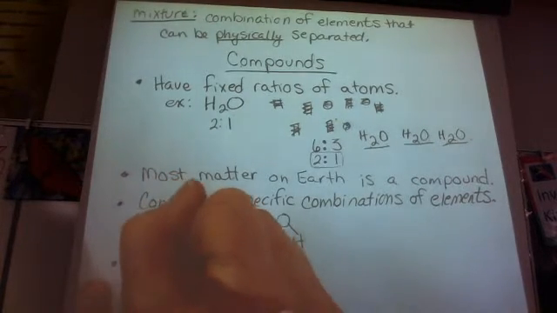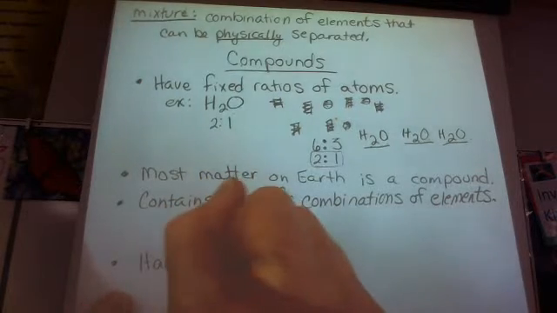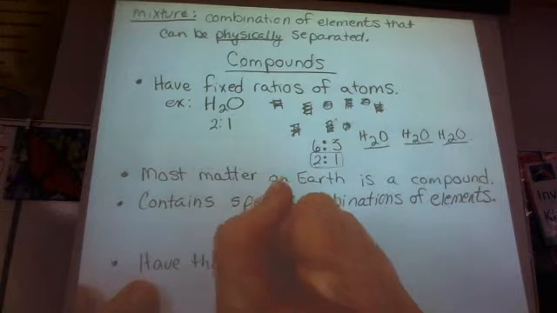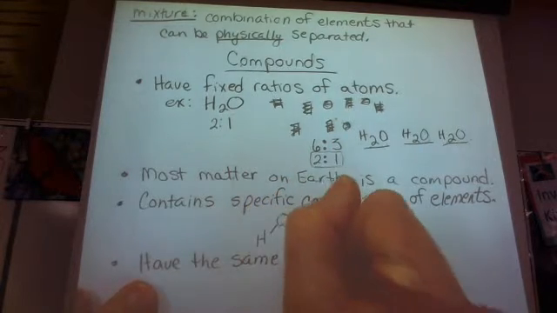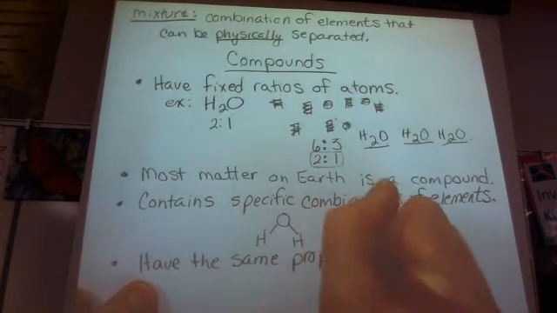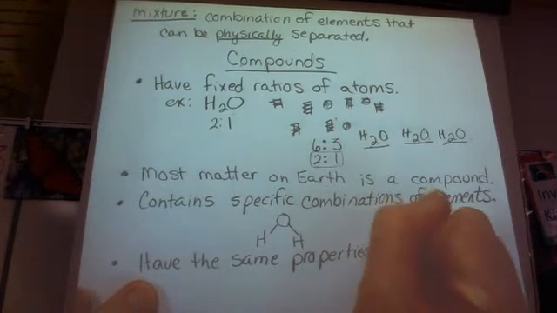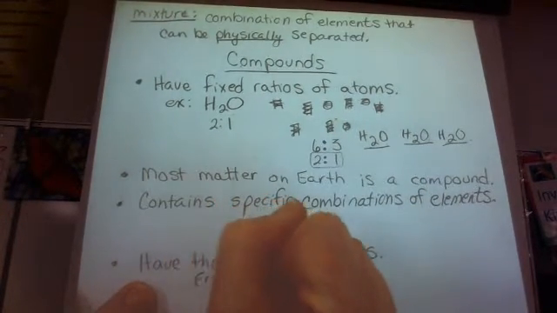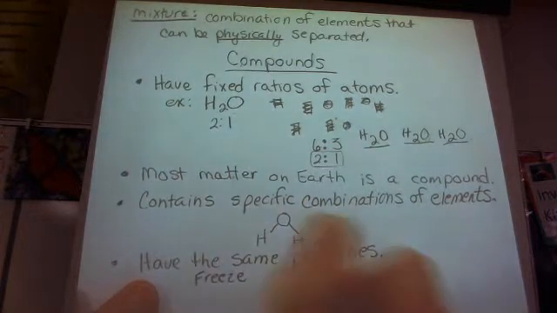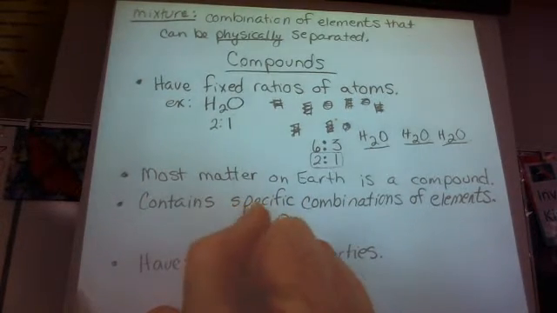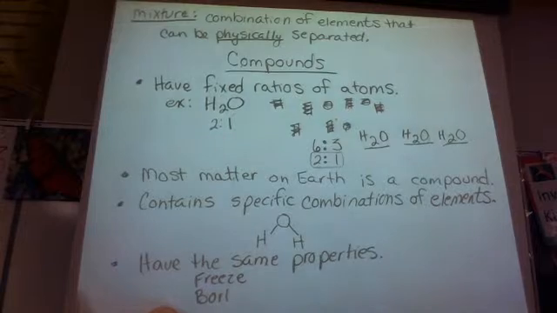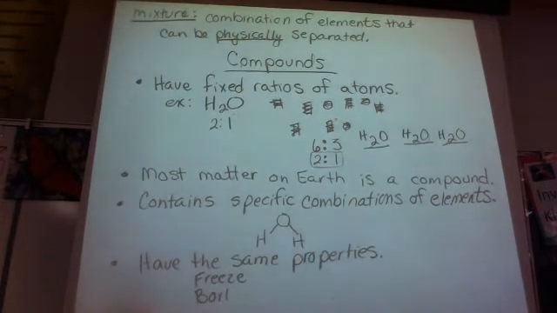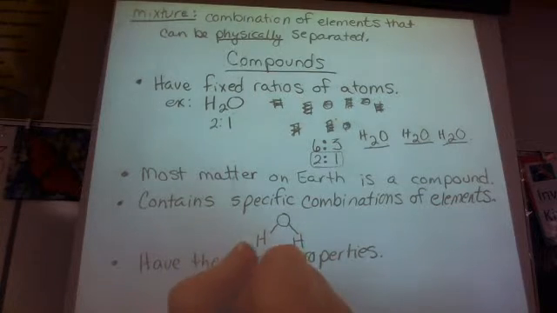All compounds have the same properties. So all water compounds have the same properties. So they freeze at the same temperature. They're going to boil at the same temperature. They're going to have the same properties. The density will be the same.